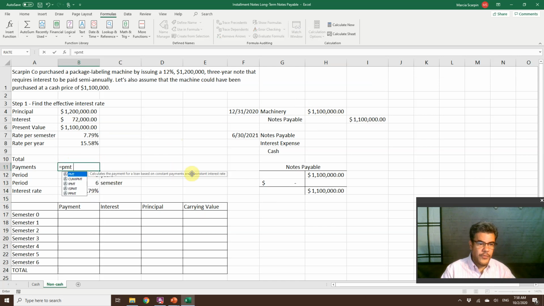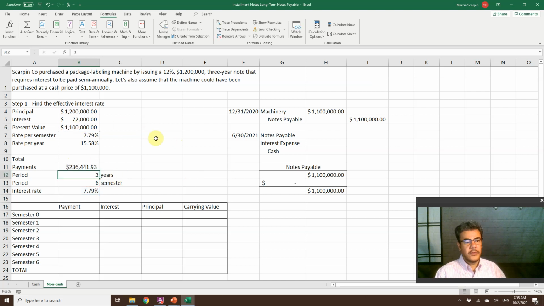And then we move on. PMT, rate 7.79%, number of periods 6, PV negative $1.1 million. So our payments are 236. So, amortization schedule, carrying value 1.1.